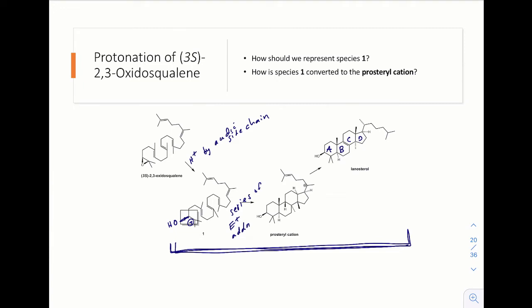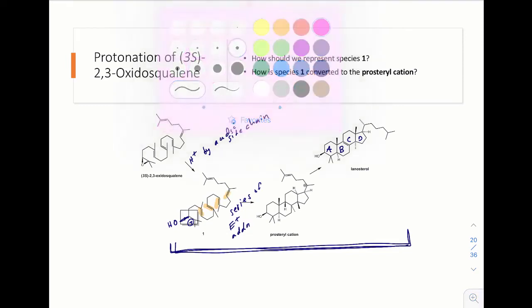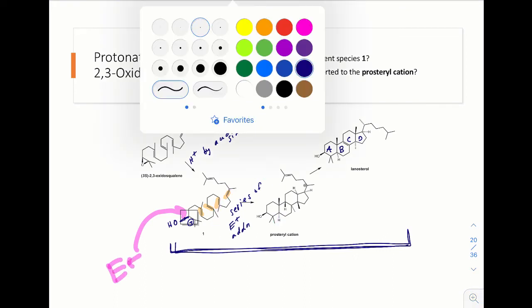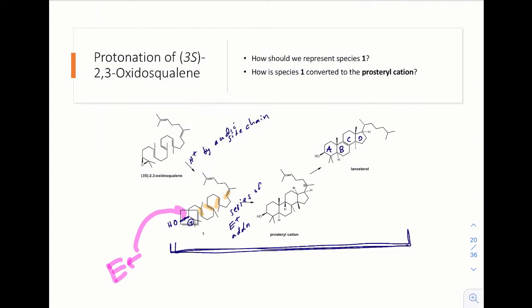So the alkenes are going to react with electrophiles. Well, here are the alkenes that are doing the reacting. And we said the carbocation, that is the electrophile. So electrophilic addition reactions to alkenes. Those reactions will form the A, B, C, and D rings.